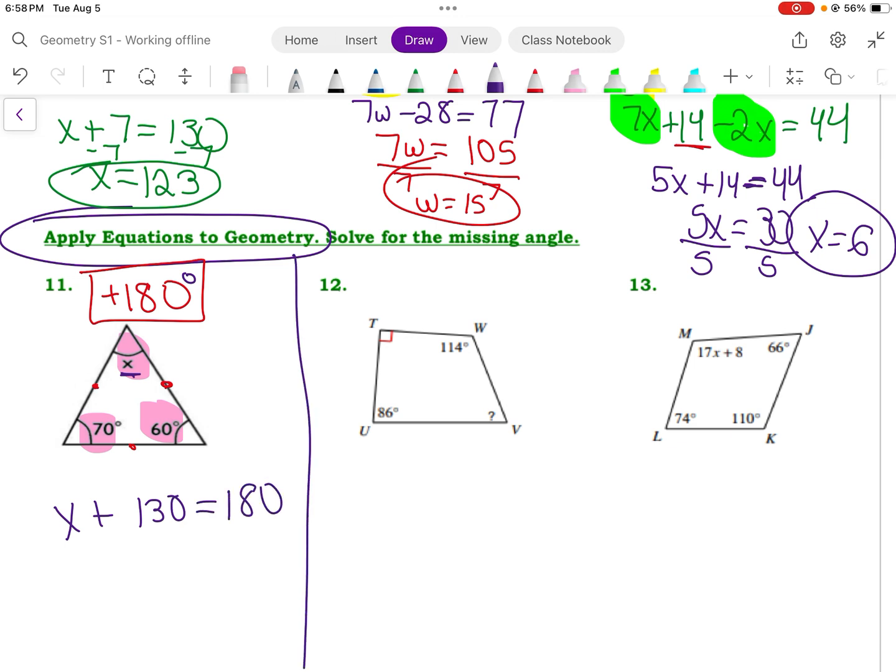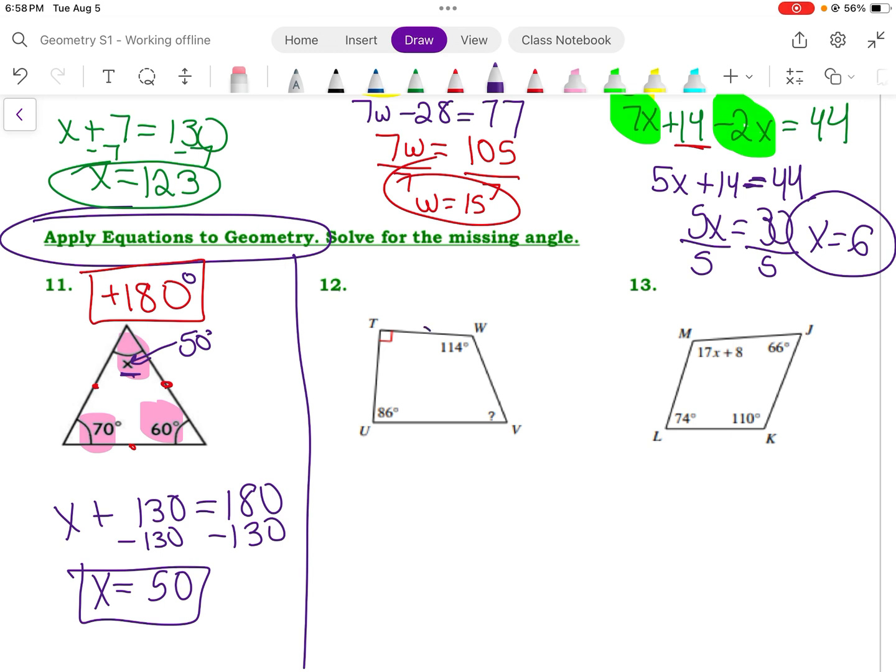It looks scary, it looks intimidating because you're like, what is happening? But back in middle school, we definitely saw some geometry. So it's just been a while, and that's okay. We've got you. So we're going to subtract 130 from both sides, and x is going to equal 50. So this angle right here is going to equal 50 degrees.